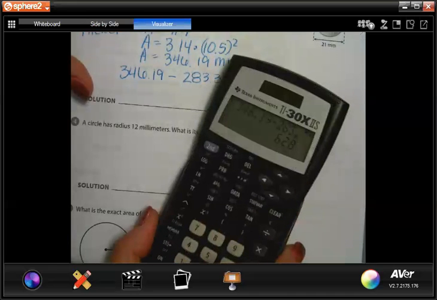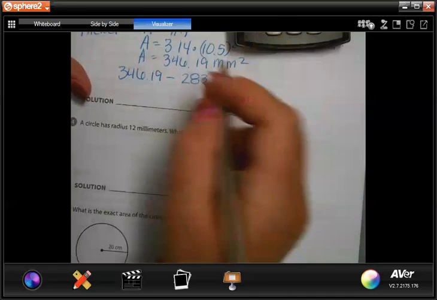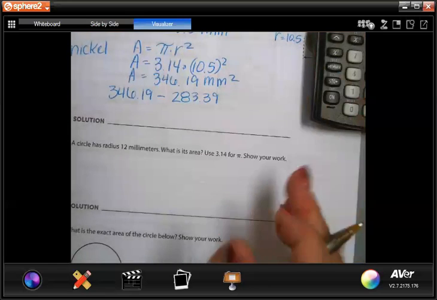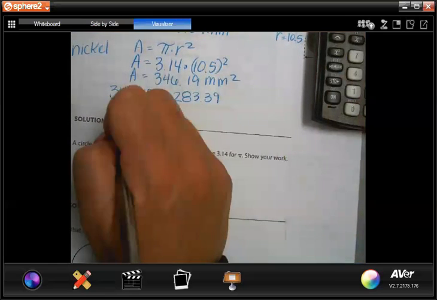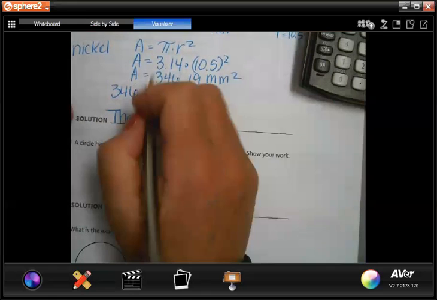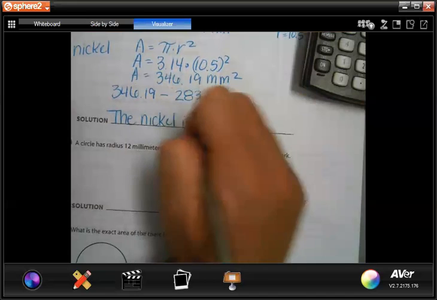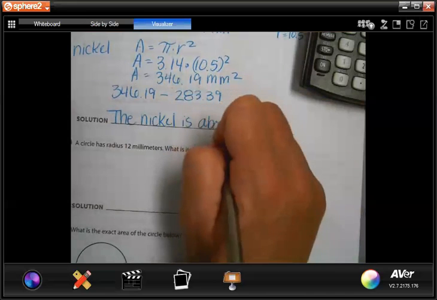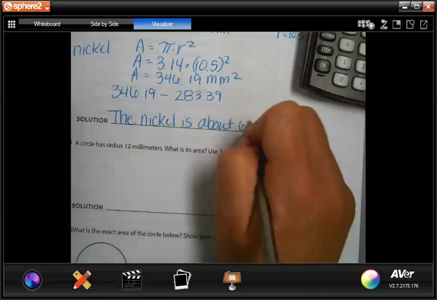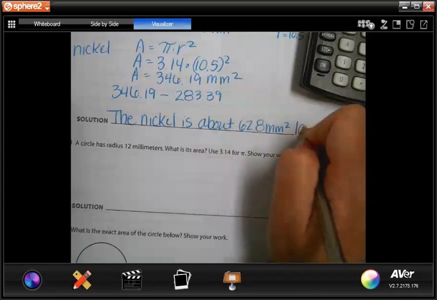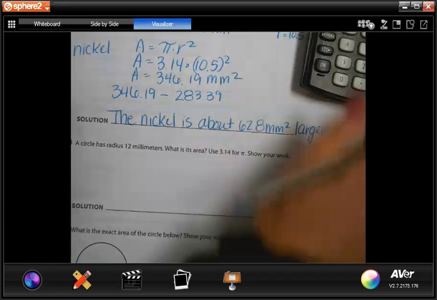And it comes out to be about 62.8. So the nickel is about 62.8 millimeters squared larger.